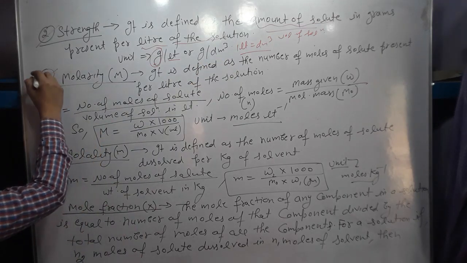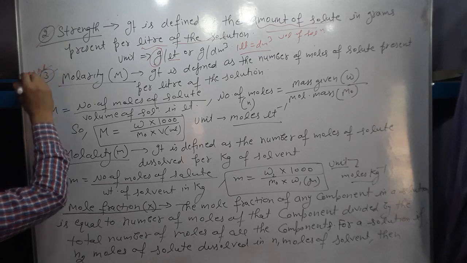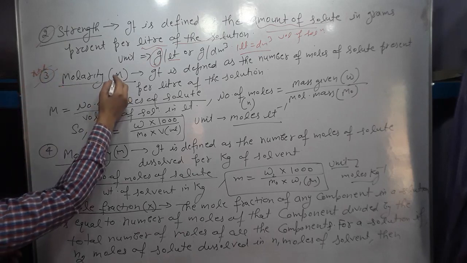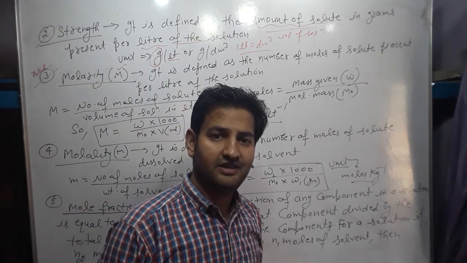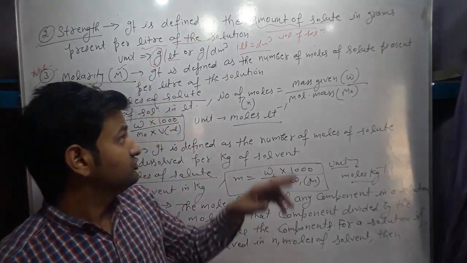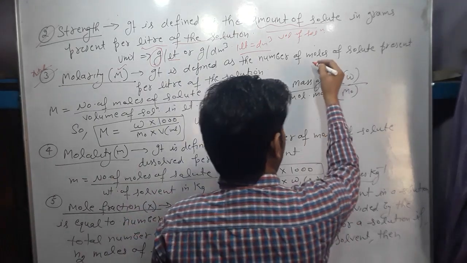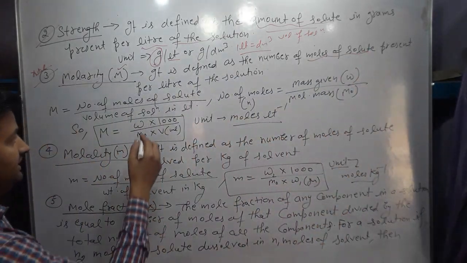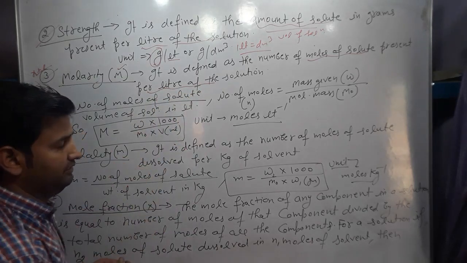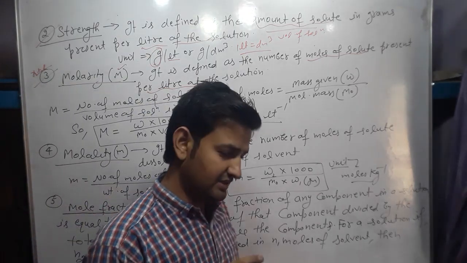Next, our concentration term is very important, and this is molarity. It is represented by capital M. Molarity is defined as the number of moles of solute present in 1 liter of the solution.